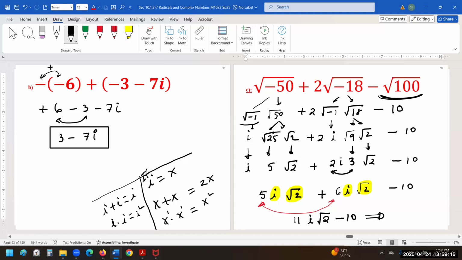So which portion is real? Negative 10. So you must write negative 10 first and then the imaginary portion. What sign does the imaginary portion have? Positive. So plus 11, let me write the square root first, it looks weird, square root and then i.